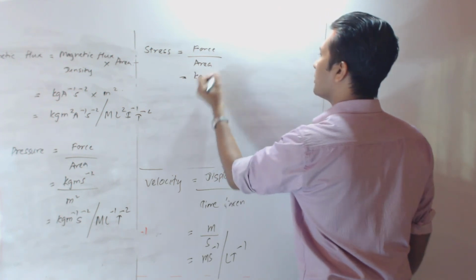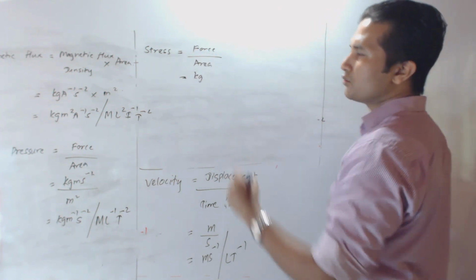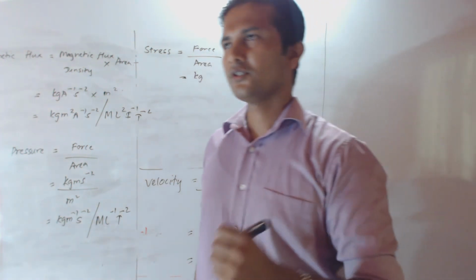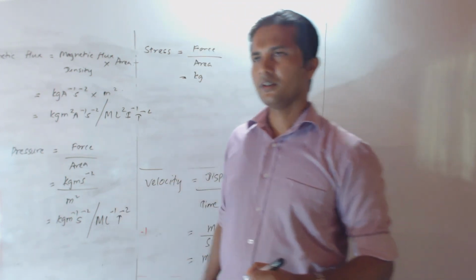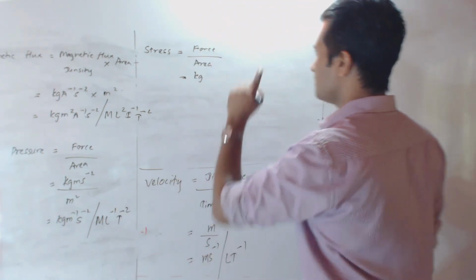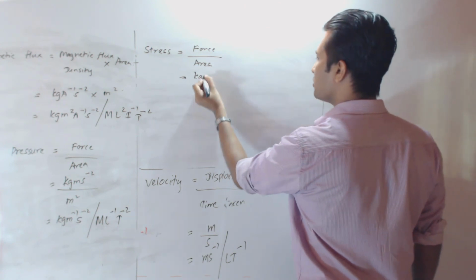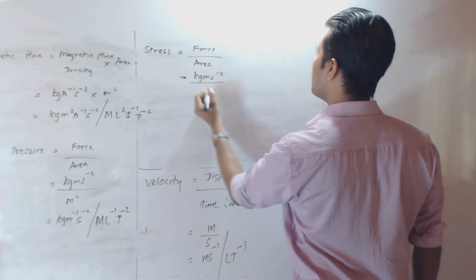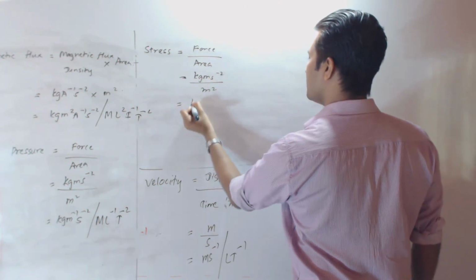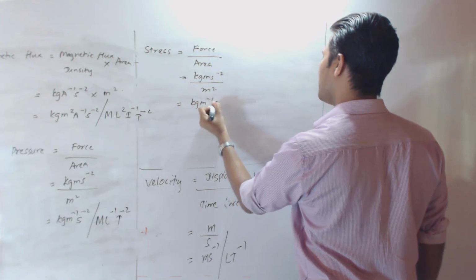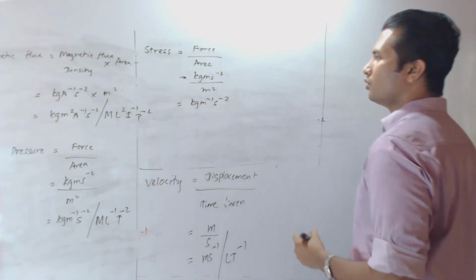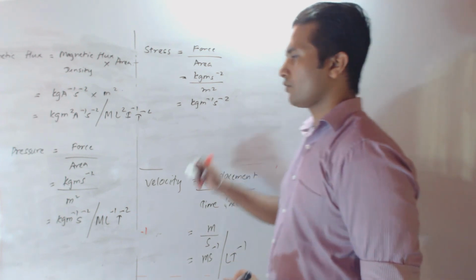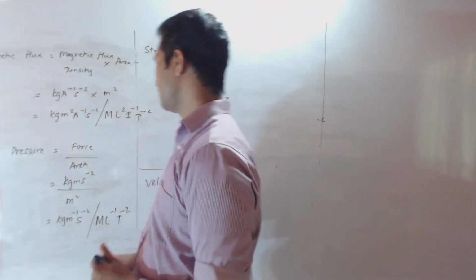So all in all, the unit of the stress should be the same as pressure. The unit of the force is kg m s minus 2 divided by m square. Finally it becomes kg m minus 1 s minus 2, as we got under pressure.